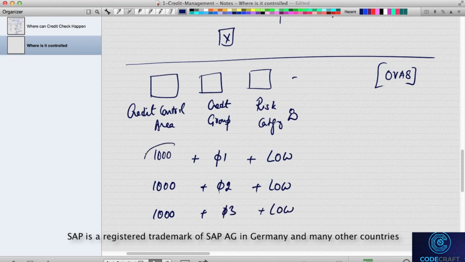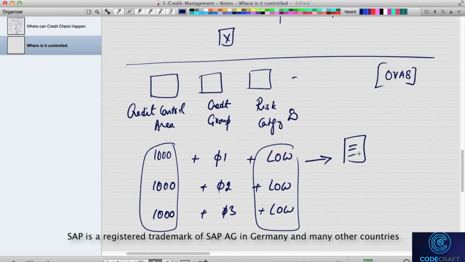So in effect, these things are common, but this represents one set of credit management settings for an order. This represents another set of credit management settings for a delivery, and this represents another set of credit management settings for a PGI.